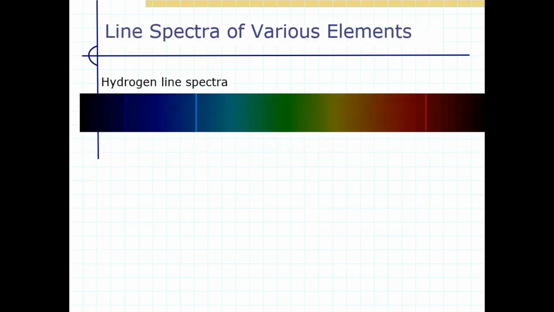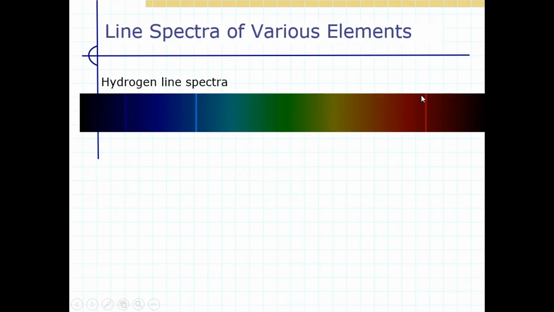Let us first look at the hydrogen line spectrum. You can see a very fine bluish line, and a very dim violet line. And then there is a line in the red region. We have in the background the whole rainbow spectrum, and this is a standard hydrogen line spectrum.